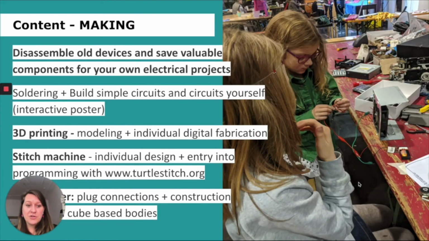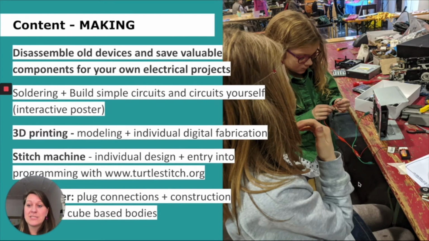What's the content, you may ask? Of course, I would like to tell you that. I'm starting with the making part. So remember, we had 5 inputs for that. In the first input, we disassembled old devices. So we opened old computers, old printers, just to check out what kind of technology you can find.